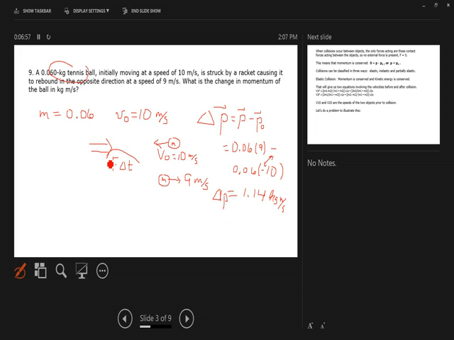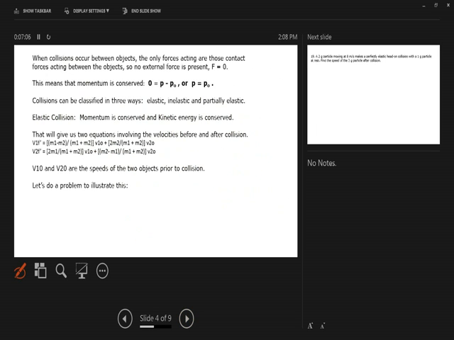What is the product F delta T equal to? Well, think about it. Okay, now here we have when collisions occur between objects, only forces present are those contact forces between the objects.